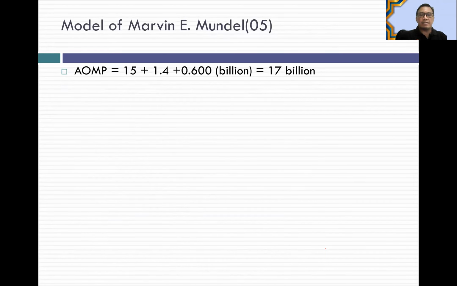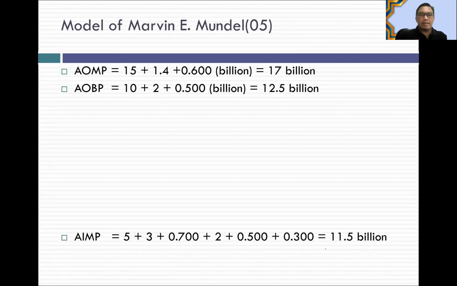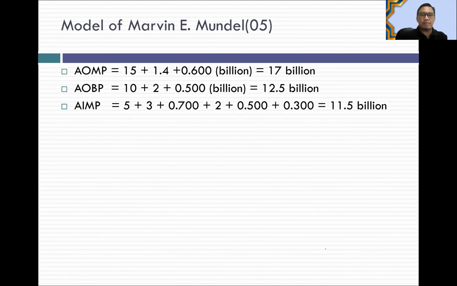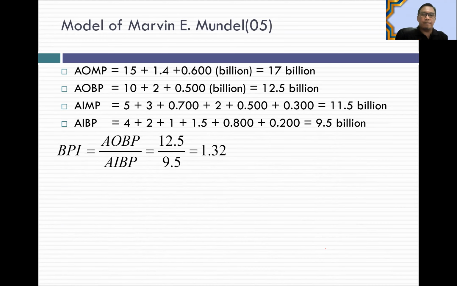So three different factors: 15, 1.4, and 0.6 in billions. So 17 billion is the AOMP, and AOBP is 12.5 billion. The aggregate input for the measured period is 11.5, and the aggregate input for the base period is 9.5.